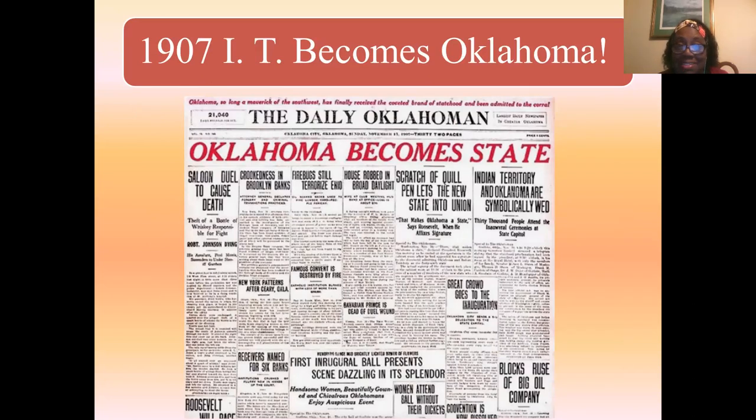Oklahoma, the name itself, actually comes from two words in the Choctaw language, meaning red people. And it is interesting because many people don't realize that Oklahoma joined the Union in the 20th century, whereas some people will say, oh yeah, they went to Oklahoma in the 1800s.